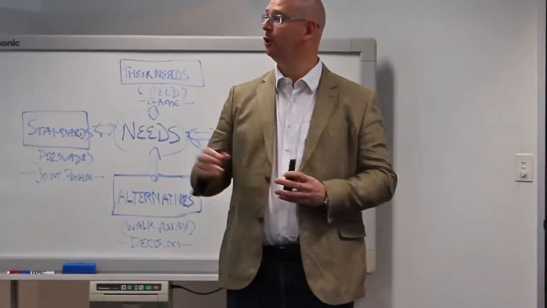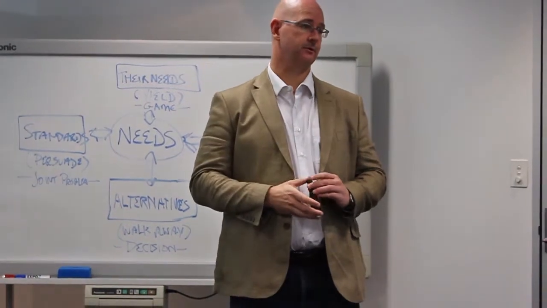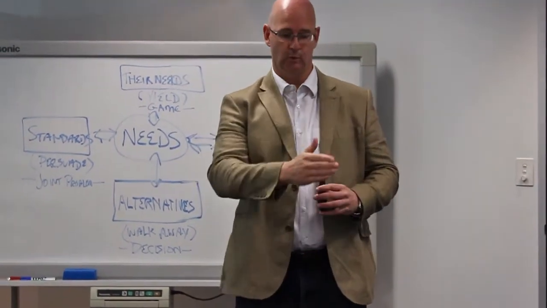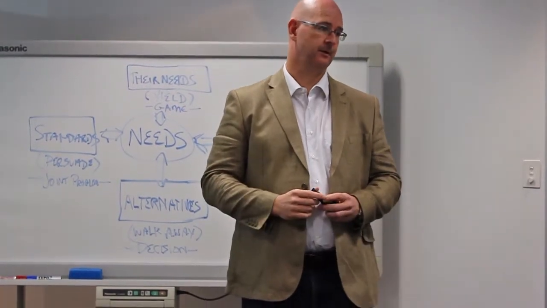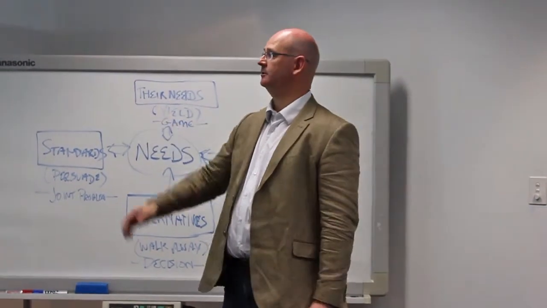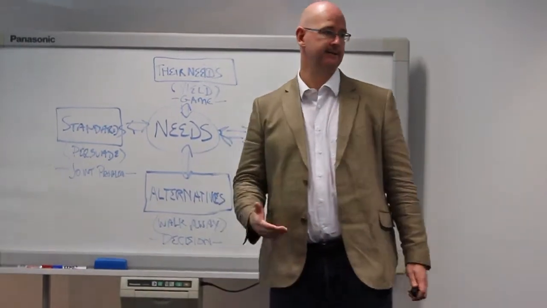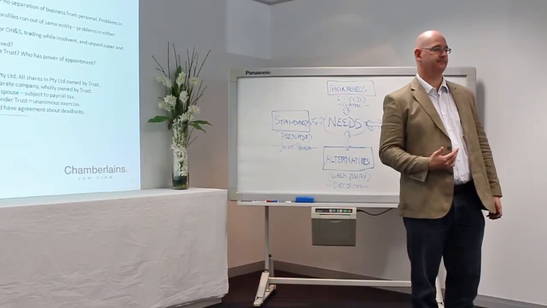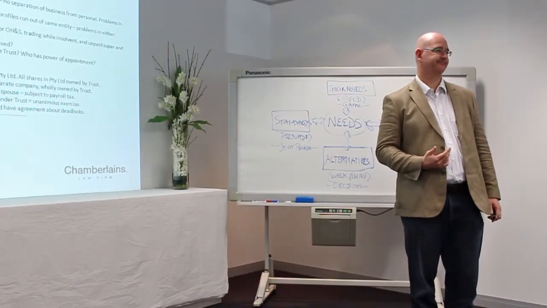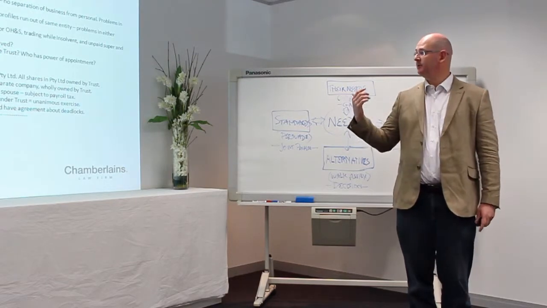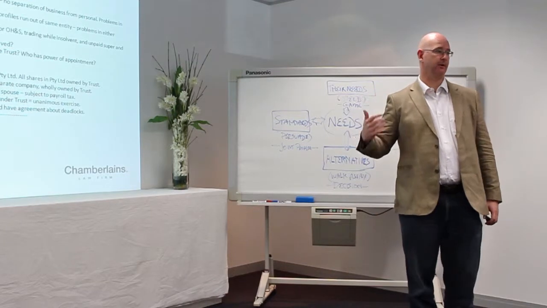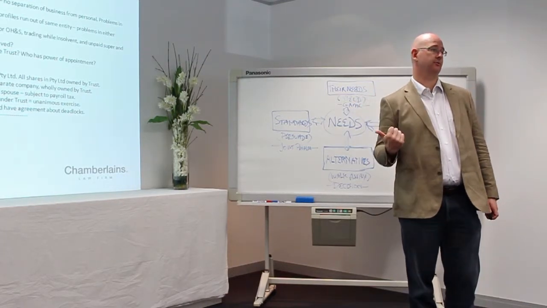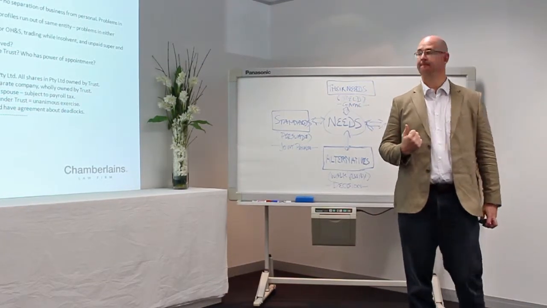That's the problem with who controls the trust, because the trustee gets to say who in all of that discretionary group of beneficiaries gets anything at all. And so one of the crucial bits of the trust is this power of appointment. Who is it? How is it exercised? And in this particular situation, it's going to be completely relevant, particularly if there's a problem in a marriage, particularly if Angela is the person who actually controls the trustee.